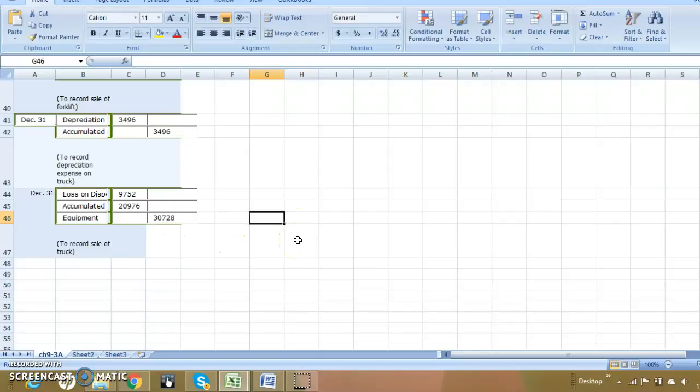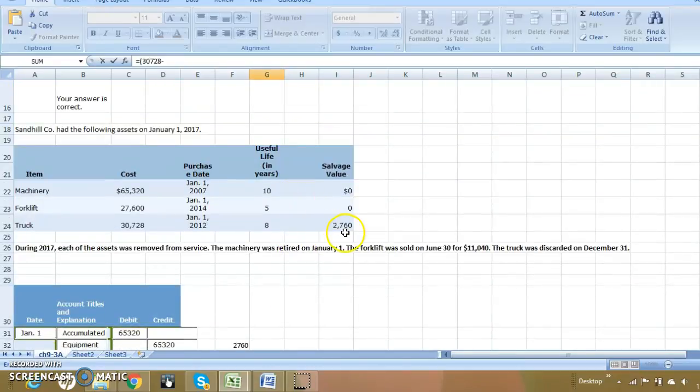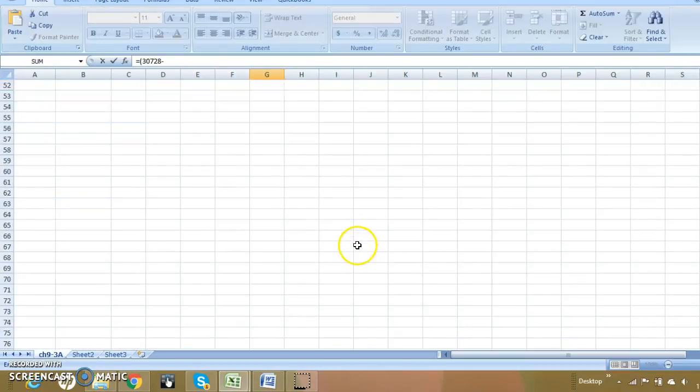So we take the cost of the truck, 30,728, minus the salvage value, which we were given here, 2,760.